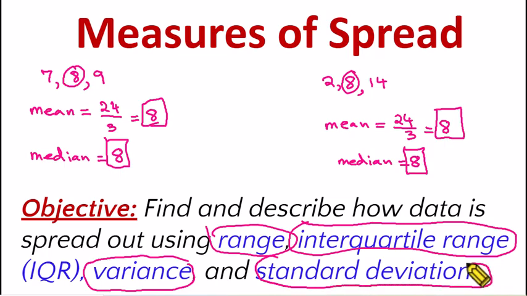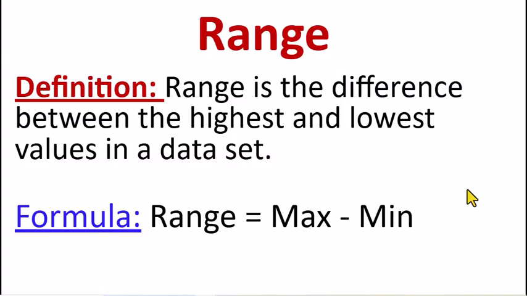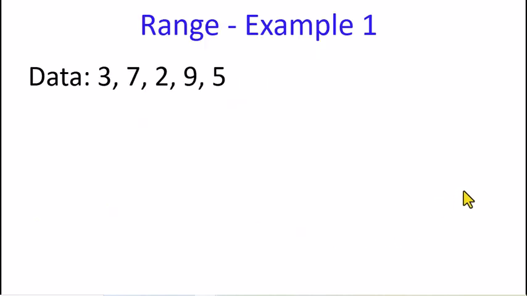So these are the 4 measures of spread. Let's start first with the range. The range is the difference between the highest and lowest values in a data set. So this is the formula that we are going to use to calculate the range: the maximum minus the minimum. Very easy measure to find.